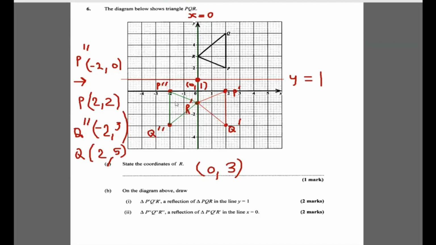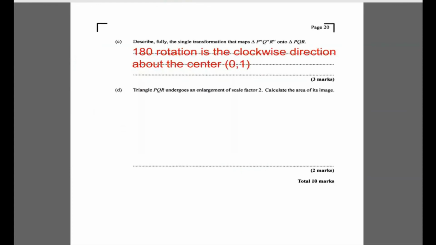This distance is the same as this distance, and this distance is the same as this distance. So this has to be the center. So it's a 180-degree rotation about the center, 0, 1.